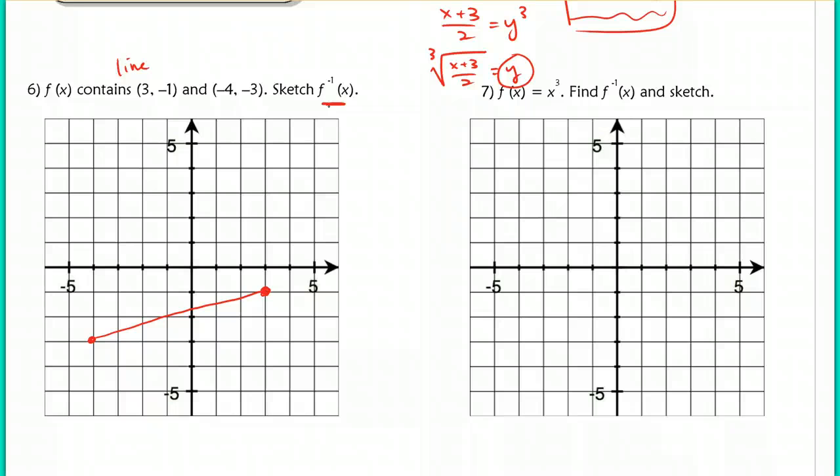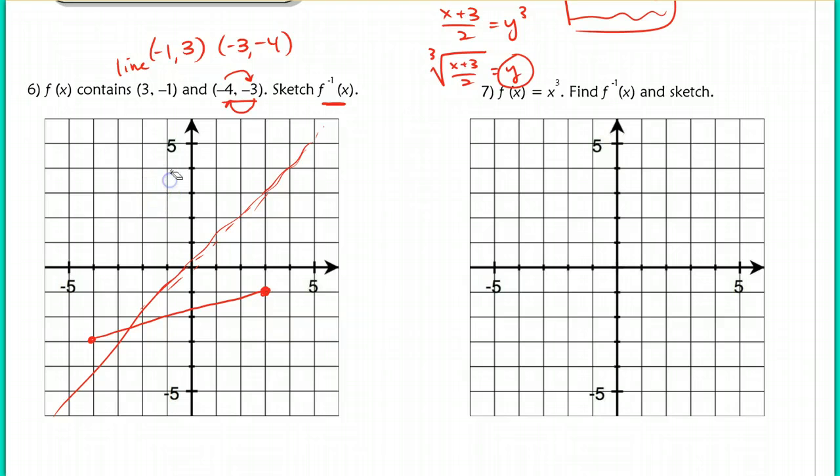Now, from before, remember when we apply that reflection over the line y equals x, I could draw it in if you need me to, but try to visualize that line being drawn in there. Well, if this is the coordinate, right, (3, -1) maps to, then (-1, 3) is supposed to map right back, so you now have the points (-1, 3) and (-3, -4).